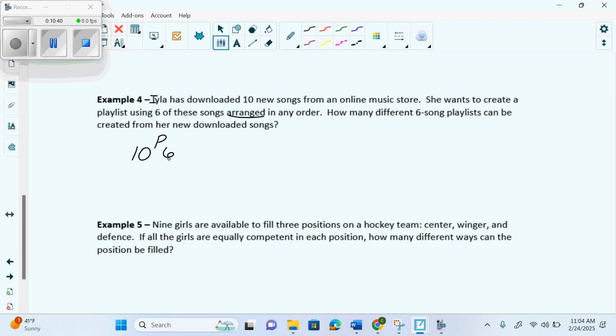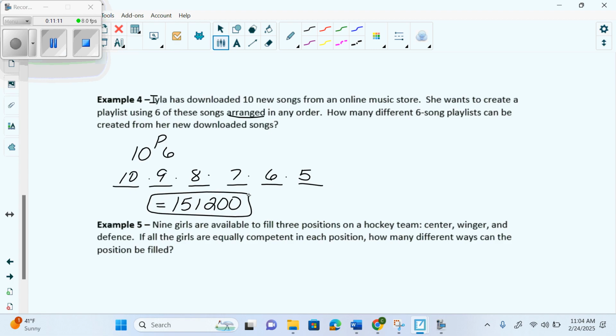I would have to go 10, 10, 10, 10, 10, 10 and multiply them. So if I'm allowed to repeat the object, I can't use the P. Does that make sense? So for this one, I have 6 blanks: 10, 9, 8, 7, 6, 5. What's the answer? I got 151,000. Thank you.